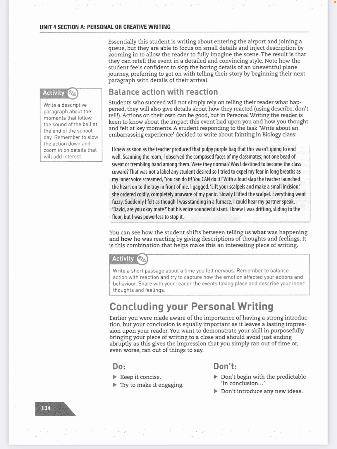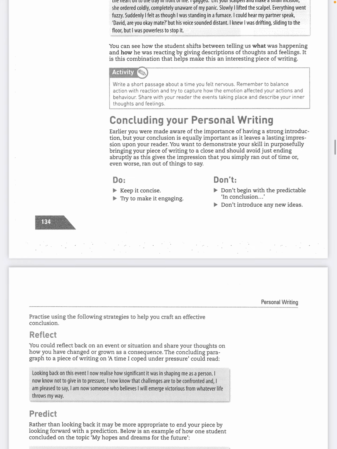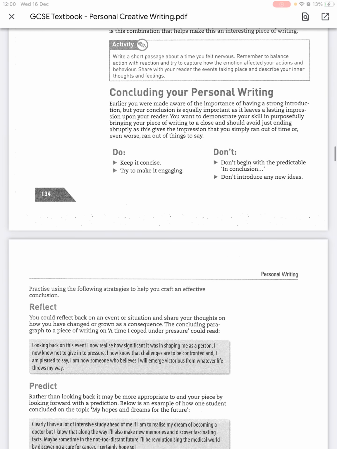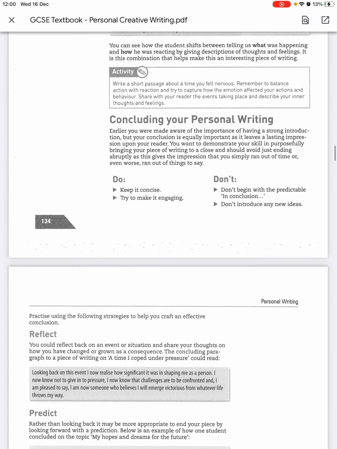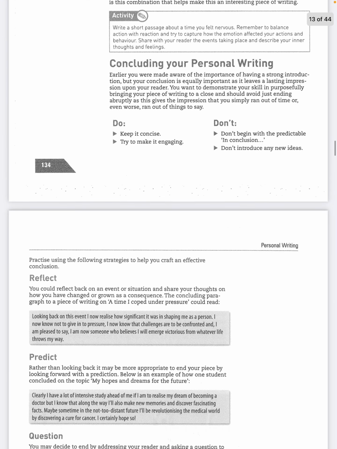So it should be a balance of action, but also how did you or the character, the other people in your personal writing, how did they feel or what did they think, okay? And your activity for homework, which you'll be submitting, that's the one that was from last week due today, okay, is the activity here. You should have written a short passage about a time you felt nervous. Okay, that's what you should upload.